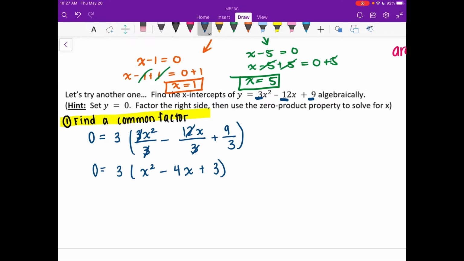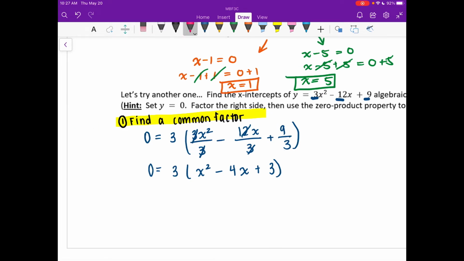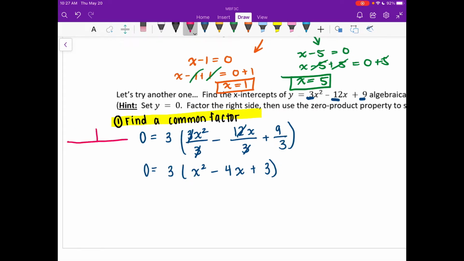So we can solve very easily using the R and S method that we learned. So I'm just going to make that little chart over here. I know R times S is going to give me the last term, which is 3, and then R plus S is going to give me negative 4.